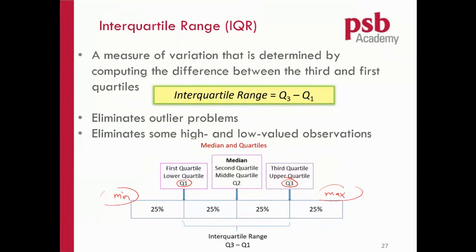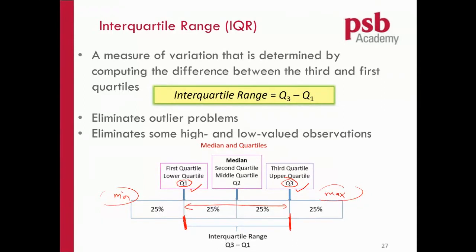You only look at here. This point is Q3, this point is Q1. So if you take Q3 minus Q1, that will give you a range that does not include the maximum or the minimum. It tells you just the middle 50%.